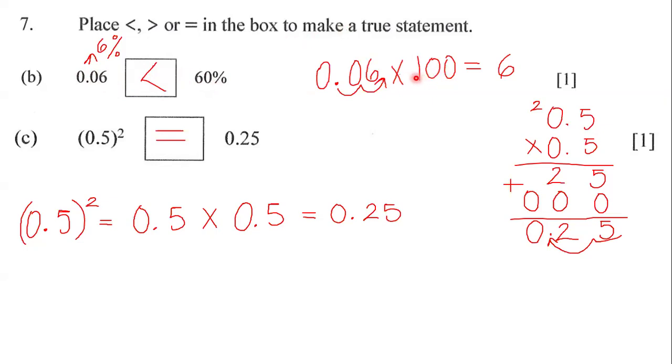When we multiply by 100, that means we take this decimal point and move it over twice. 1, 2. That's how we multiply by 100. And it gives us 6. So 0.06 is actually how much percent? 6%. Very good. But 6% versus 60%, which one is greater? 60%. Very good. Therefore, 60% is greater. That makes sense? Yes, sir. Okay, good.